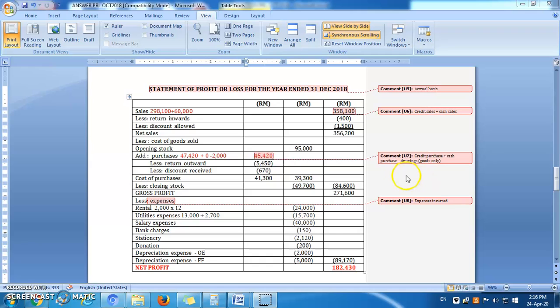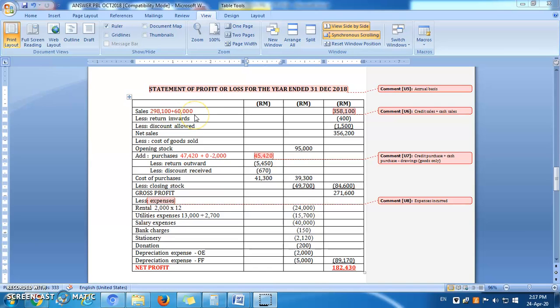So here we have the first item, sales. If you can see, there are two figures there. The working consists of two figures. The first figure, 298,100, is our credit sale, and this amount is obtained from our account receivable.